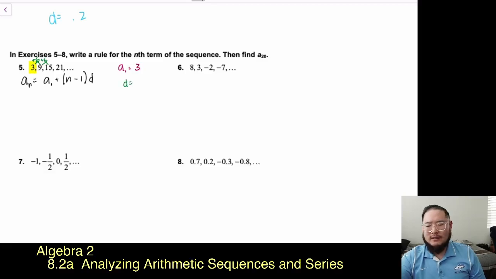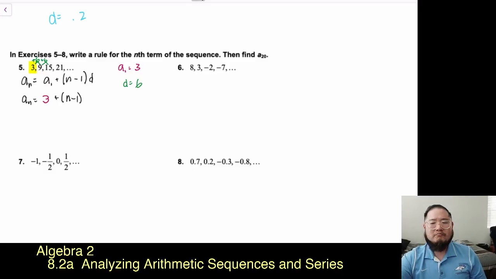So now, let's start plugging things in. a sub n is equal to a1, which we said is 3, plus n minus 1 times our common difference of 6.